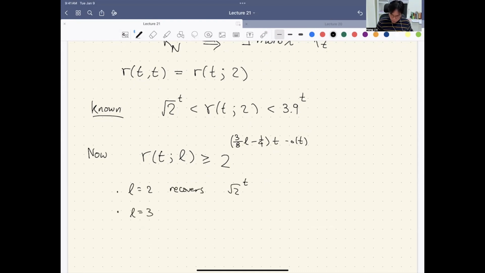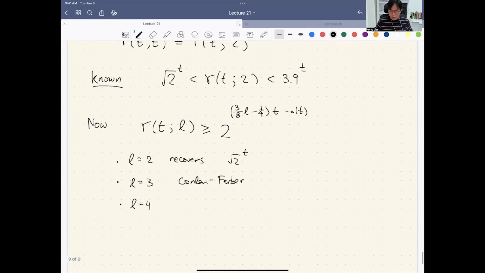L equal to 3 was first proved by Conlon and Ferber. And for L equal to 4 and above, this bound is from the construction I'm going to tell you, by Yuval Wigderson.